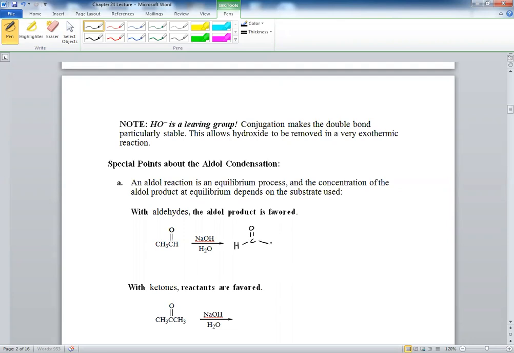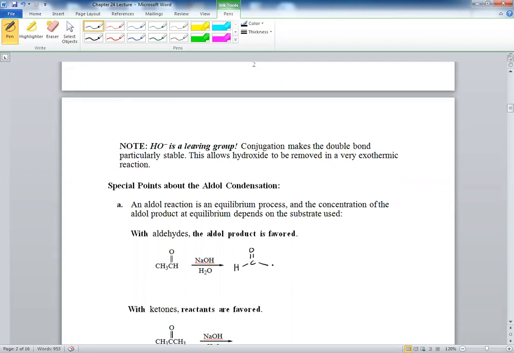I'm only going to draw the aldol addition product, because we need to discuss this in this context.